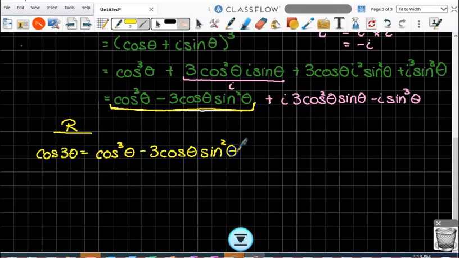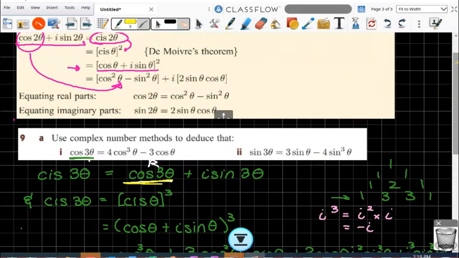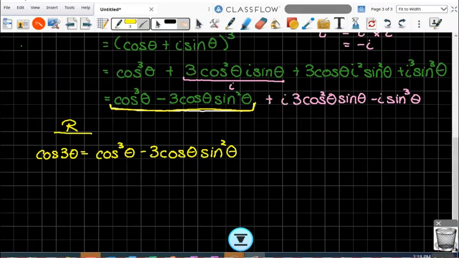But that's not what they wanted us to prove, right? What they wanted us to prove, who is they, who knows, is this. And we said the difference was that ours has a sine squared in it and theirs doesn't. Easy fixed. Let's get rid of the sine squared.